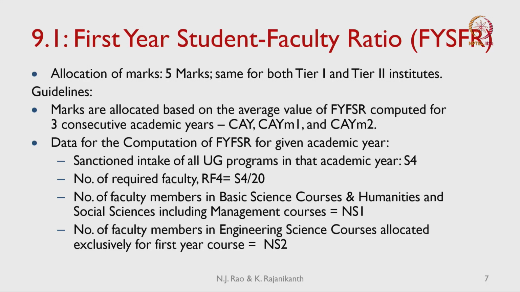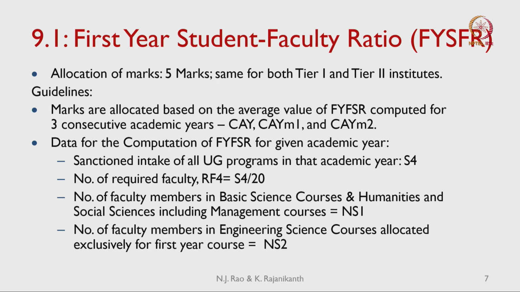Marks are allocated based on the average value of this ratio FYFSR computed for 3 consecutive academic years, CAY, CAY minus 1 and CAY minus 2, that is CAY, CAYM1 and CAYM2. It is calculated for each year separately, then the average is taken, and this average value is used to determine the marks to be allocated.